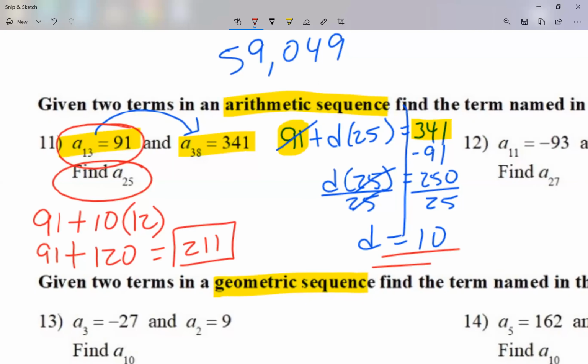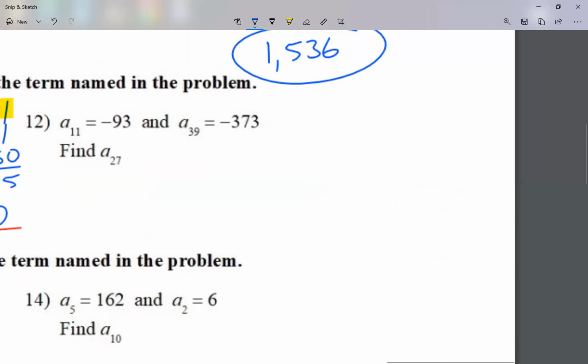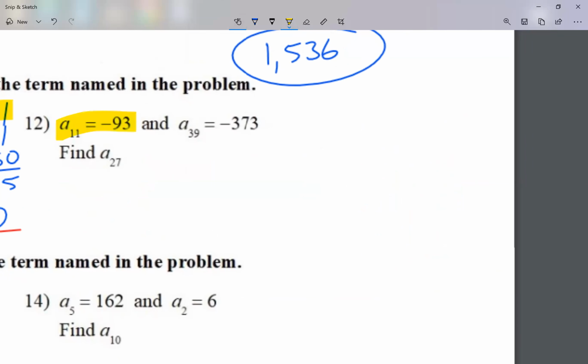So find out what's the difference. What are you adding? What are you subtracting to be able to solve this question? Okay, let's take a look at question number 12. I'm going to use these two numbers to find out what's the difference. What am I adding? What am I subtracting?